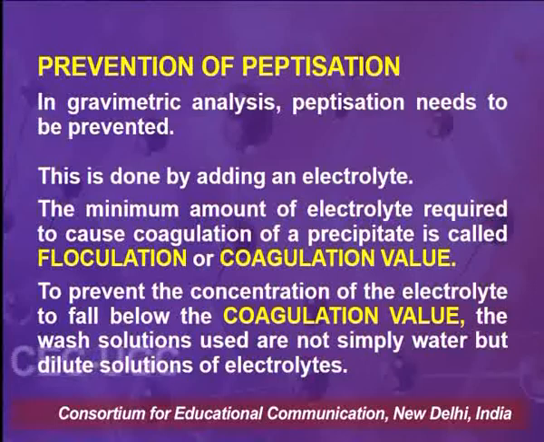The minimum amount of electrolyte required to cause coagulation of a precipitate is called flocculation or coagulation value. That means, if a precipitate is present in the colloidal form, then the minimum amount of electrolyte which needs to be added to convert that colloidal form of a precipitate into the actual precipitate is called coagulation value of the electrolyte.